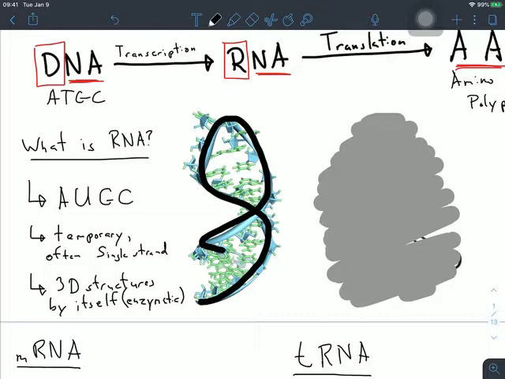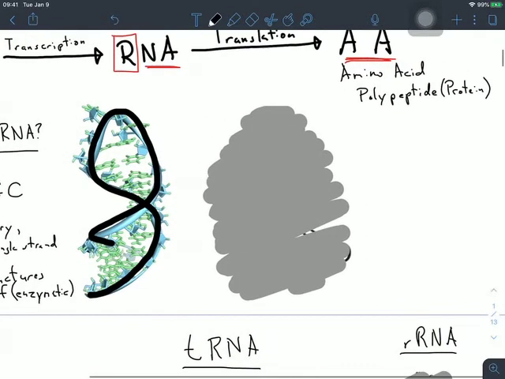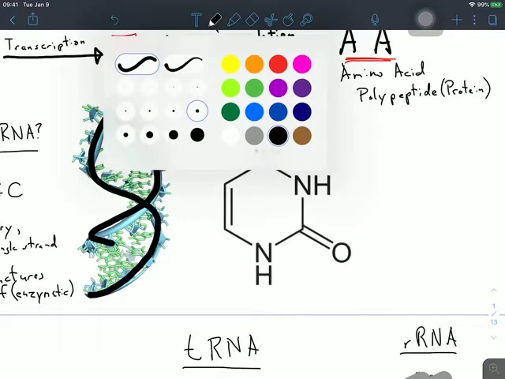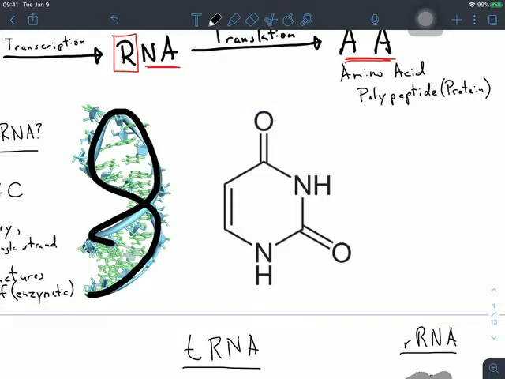DNA will generally form a long double helix with another DNA molecule. RNAs, in part because of that property of uracil, which looks like this, are able to form these three-dimensional structures.